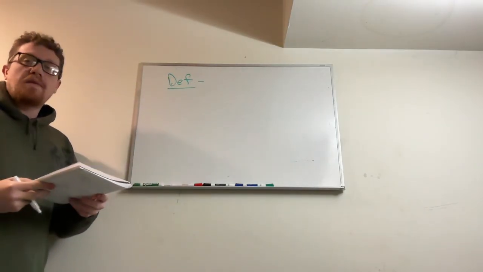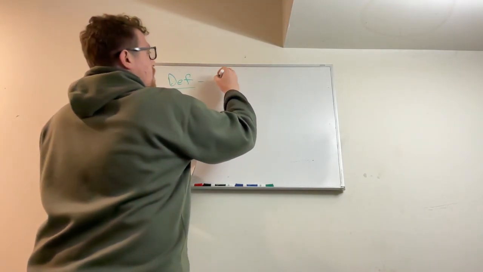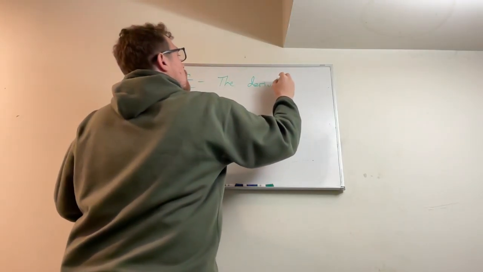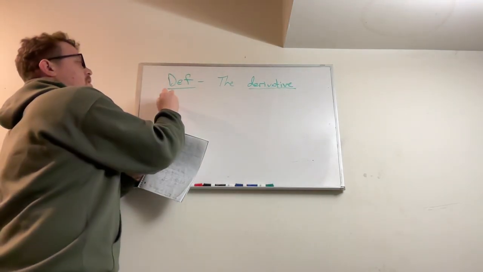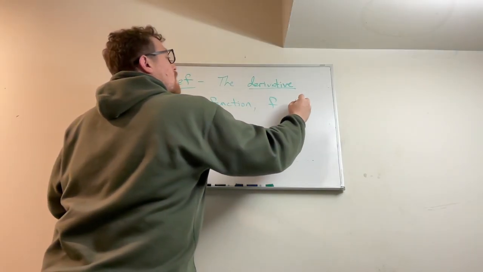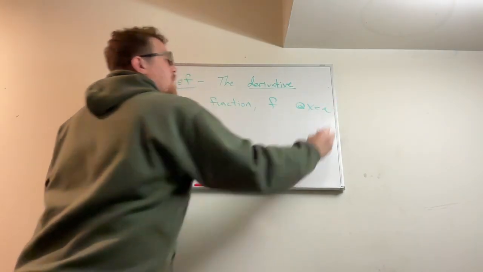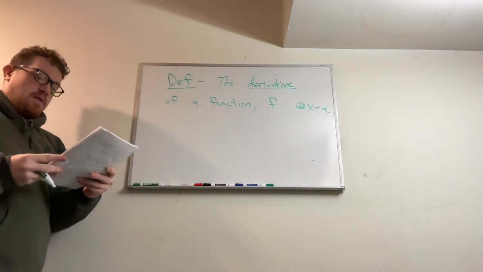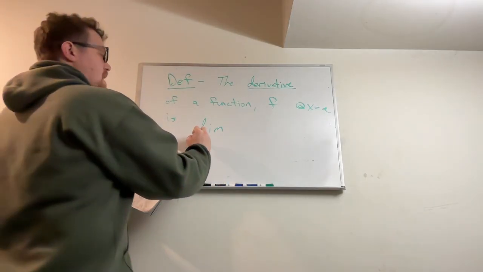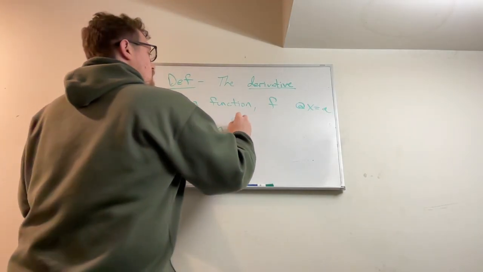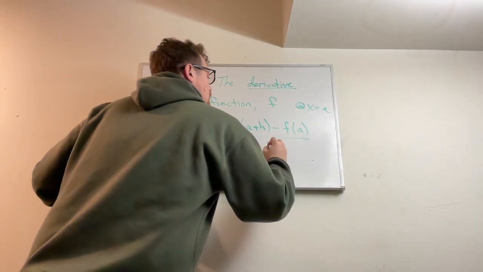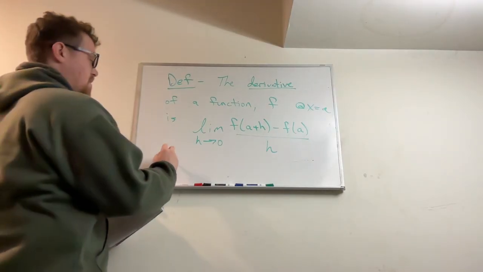Right, so the derivative of a function f at x equals a point a is a limit as h goes to 0 of f of a plus h minus f of a, divided by h, if it exists.